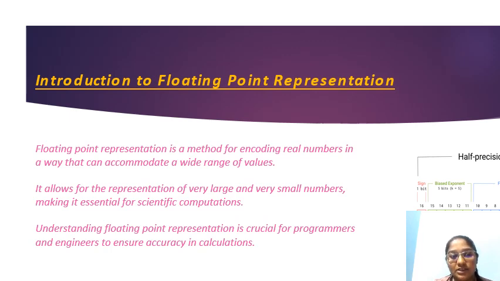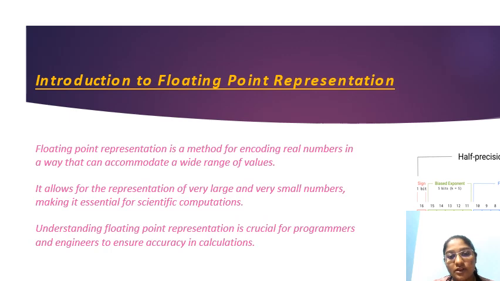In single precision there are 32 bits: 1 sign bit, 8 exponent bits and 23 fraction bits. Double precision has 64 bits: 1 sign bit, 11 exponent bits and 52 fraction bits. It provides trade-offs between precision and range, but is subject to rounding error and precision loss.